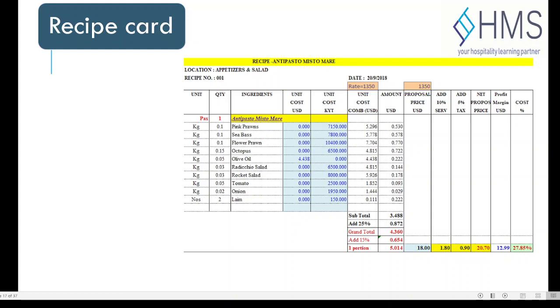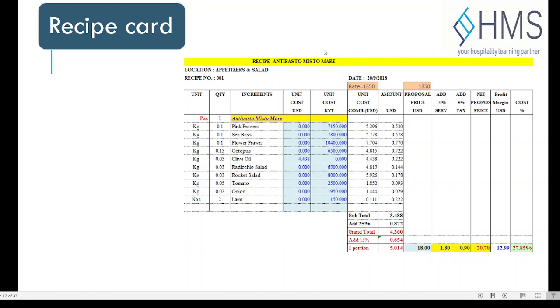Pink prawns, sea bass, or flower prawn, during high demand, the price generally increases. So you have to keep some margin on that. So this 15% is for that purpose, to keep the margin for the changes in the prices. This 15% is just an ad hoc item. You can decide what you want to use. You can use 5%, you can use 10%. Wastage usually we allow only up to a certain point.